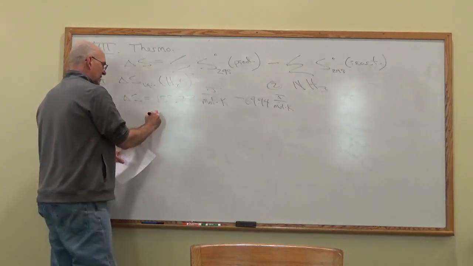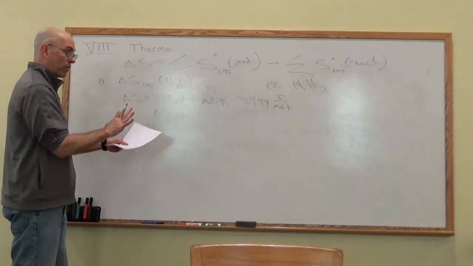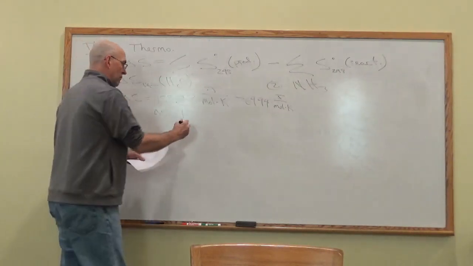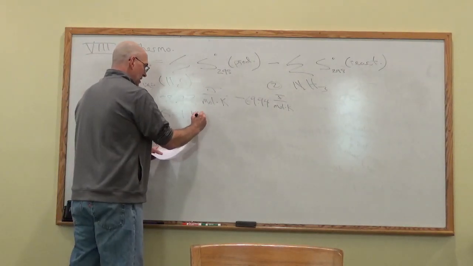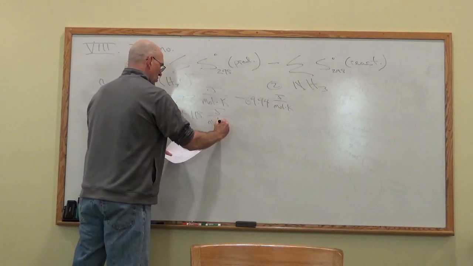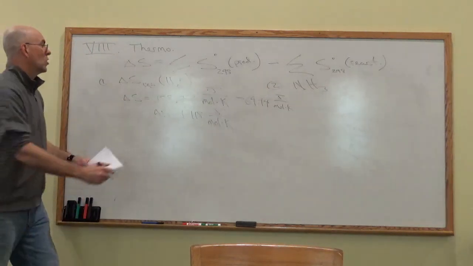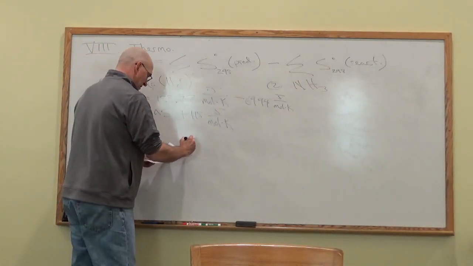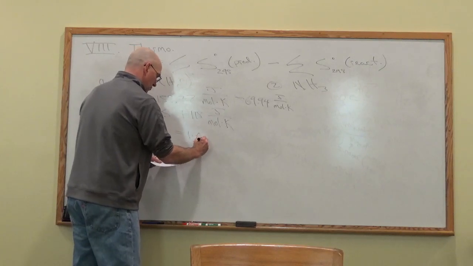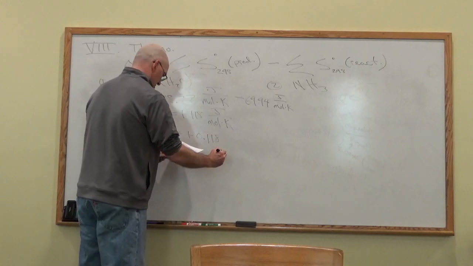And you end up getting a delta S of positive, which we expect, because we're going to something that's more disordered, positive 118 joules over mole times Kelvin. Which then, if you divide that by 1,000, is positive 0.118.